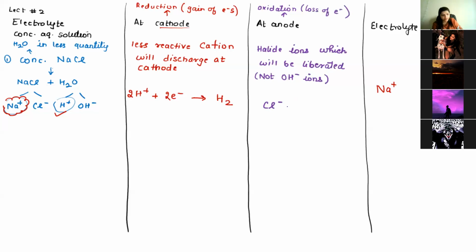So it will be Cl- losing an electron forming Cl. We know that chlorine is diatomic, so Cl2: 2Cl- minus 2 electrons. And what is left is OH-, and that is how in the electrolyte you get NaOH.